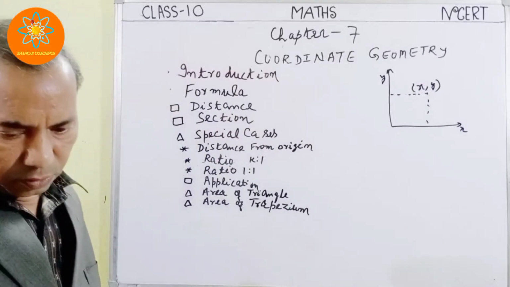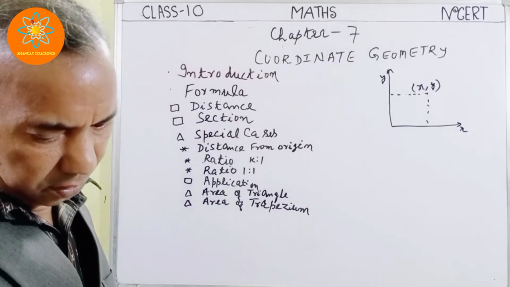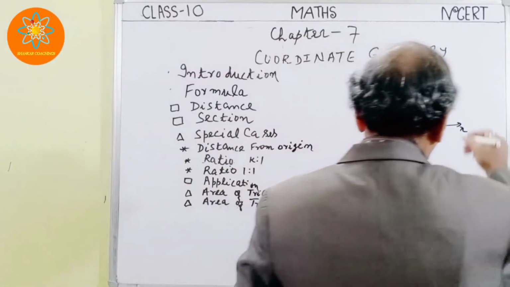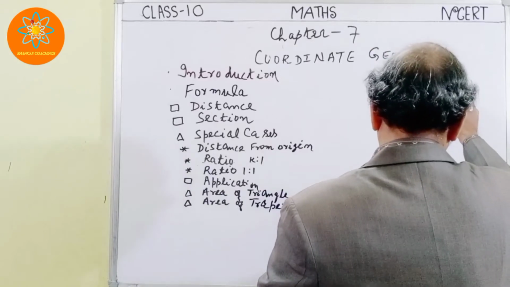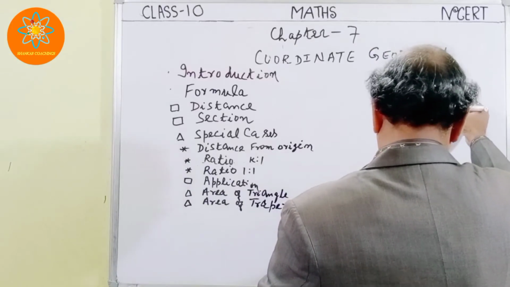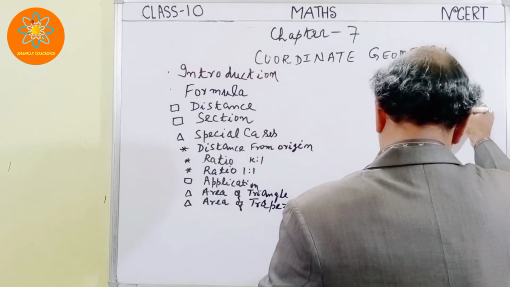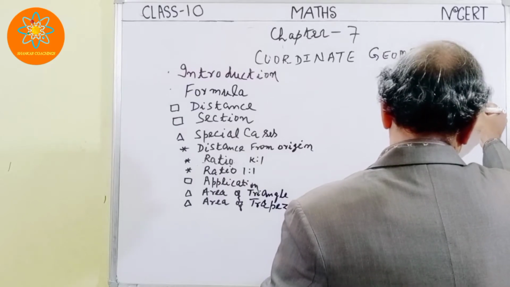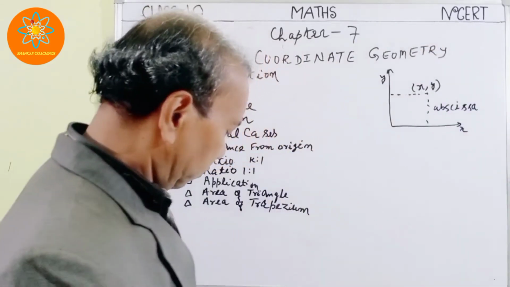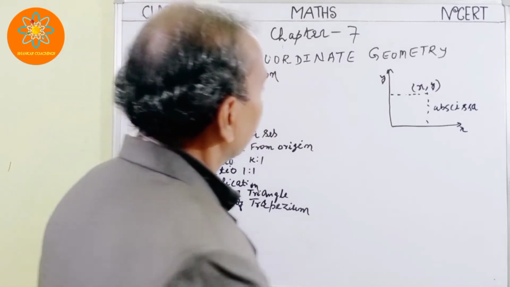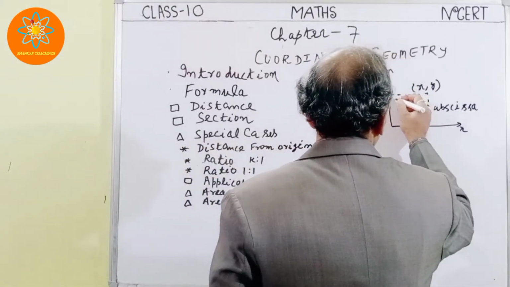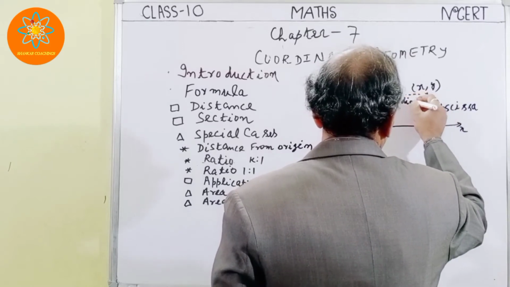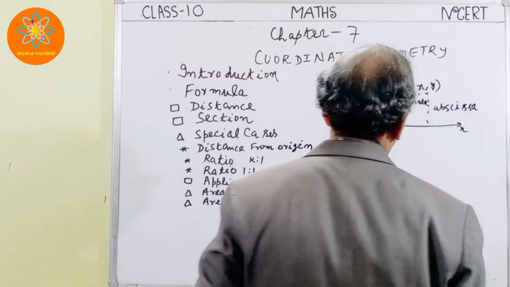So the x coordinate is nothing but the abscissa. And if you see the y coordinate, it will be known as the ordinate.